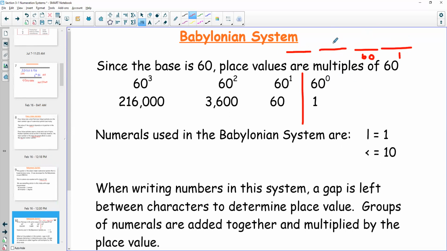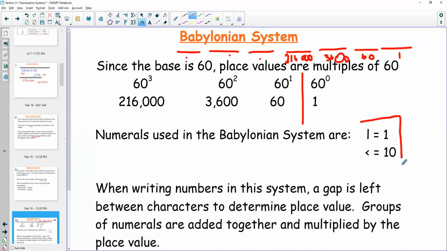Anything in the third from the right is worth 60 squared, which is 3,600. The fourth spot from the right is 60 to the third, which is 216,000. And you could keep going: 60 to the fourth, 60 to the fifth, 60 to the sixth.